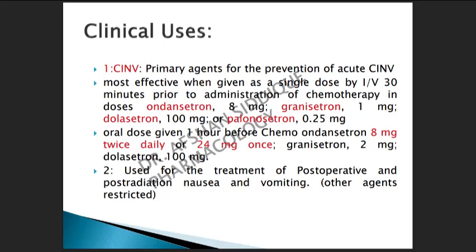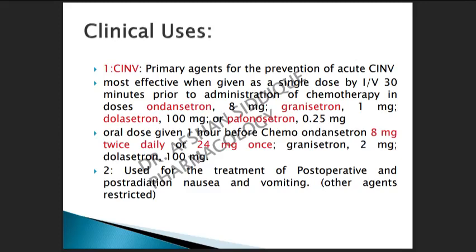The doses are: ondansetron 8 mg, granisetron 1 mg, dolasetron 100 mg, while palonosetron is 0.25 mg. आप देखें कि palonosetron जो है इसकी कितनी कम अमाउंट है. क्यों इसकी कम अमाउंट लेते हैं? बिकॉज इसका ऑलरेडी हाफ लाइफ बहुत ज़्यादा है. अगर ज़्यादा लेंगे तो डेफिनेटली ये थ्रेशोल्ड से ज़्यादा जाएगा और टॉक्सिक लेवल ज़्यादा अचीव करेंगे एज कम्पेयर टू बेनिफिशियल इफेक्ट.